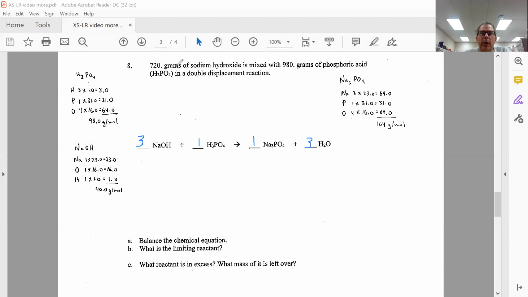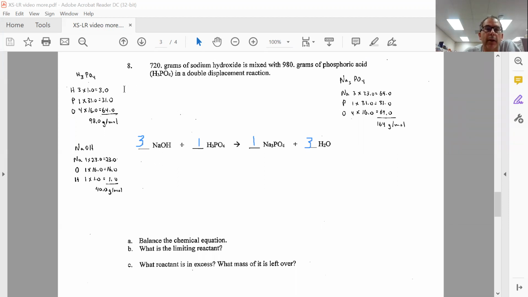All right, I have 720 grams of sodium hydroxide. What do I do? I convert grams to moles. The molar mass of sodium hydroxide is 40, so I'm going to take 720 and divide that by 40.